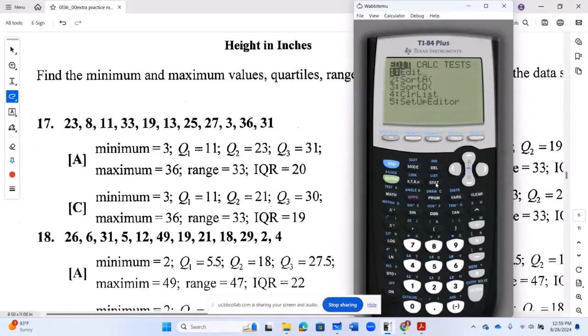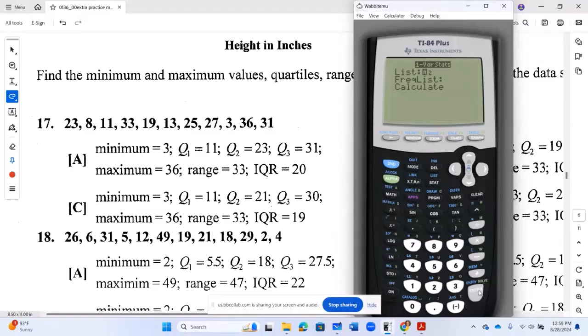So I'm going to go to start again, arrow to calc, and do one variable start. One variable start is number 1. So click number 1. And then my calculator is asking me, where is your data?